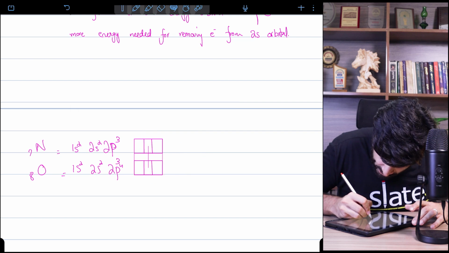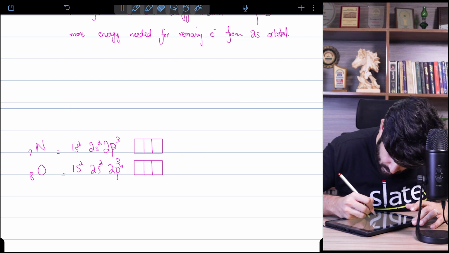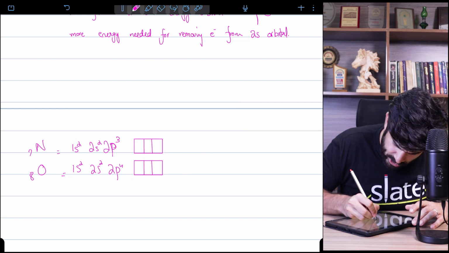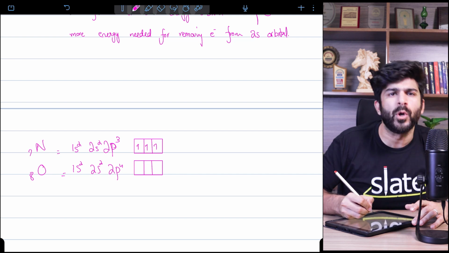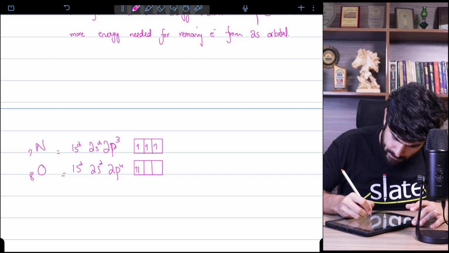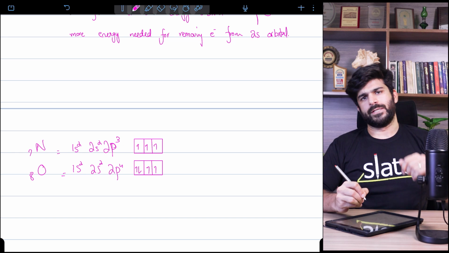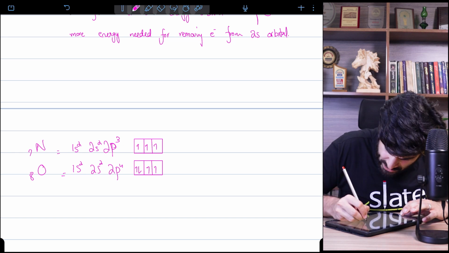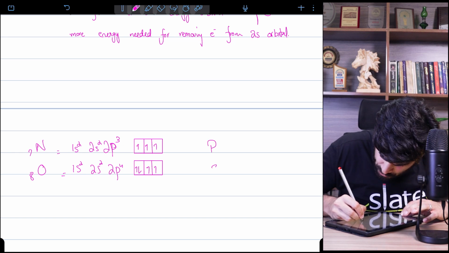So that is the electronic configuration here, students. In nitrogen, that's how the 2p orbital is, and in oxygen, that's how it is. Same is the case with phosphorus and sulfur.